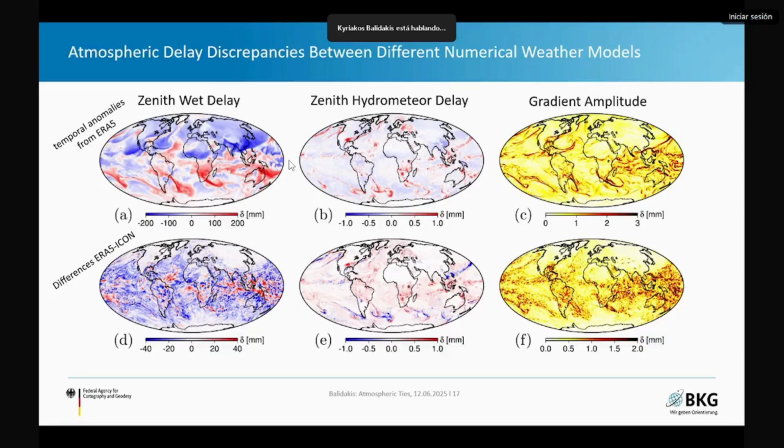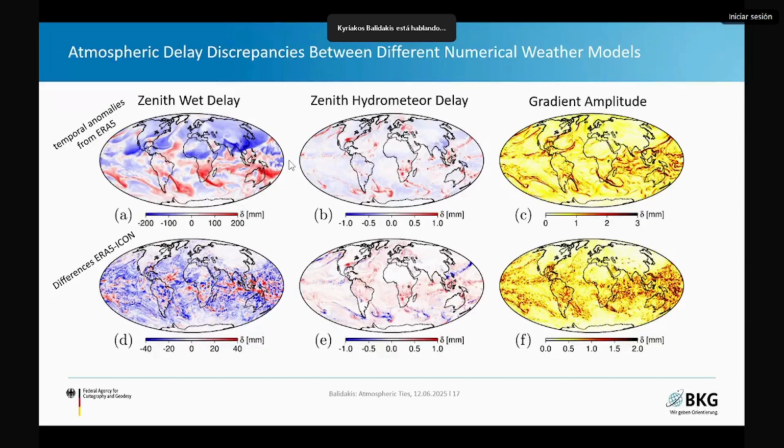If you compare ERA5 with ICON, we see here that the differences in terms of the zenith delay are larger than several centimeters. So we cannot simply take the zenith wet delay from a weather model and use it in our analysis, because it depends on which model to use. They are not accurate enough in this regard.